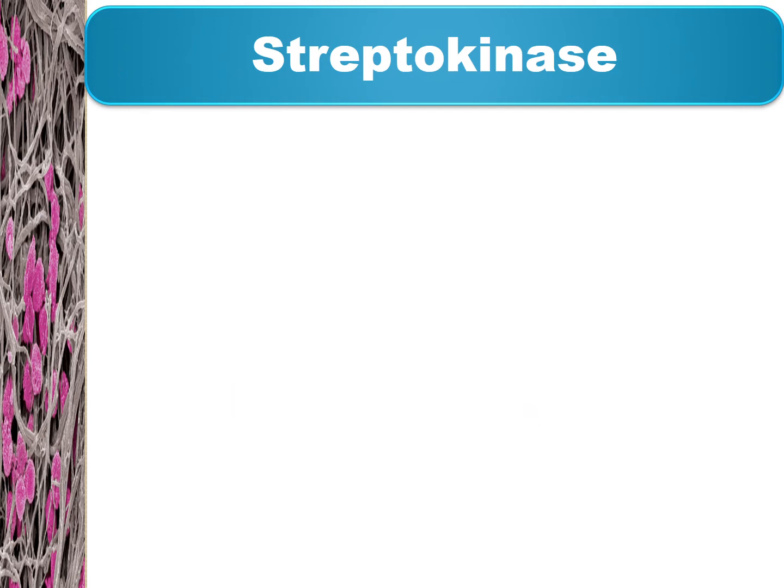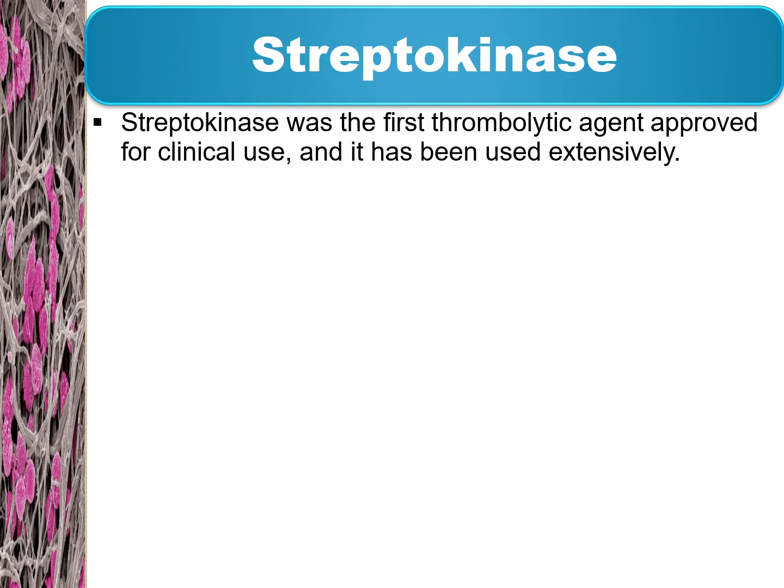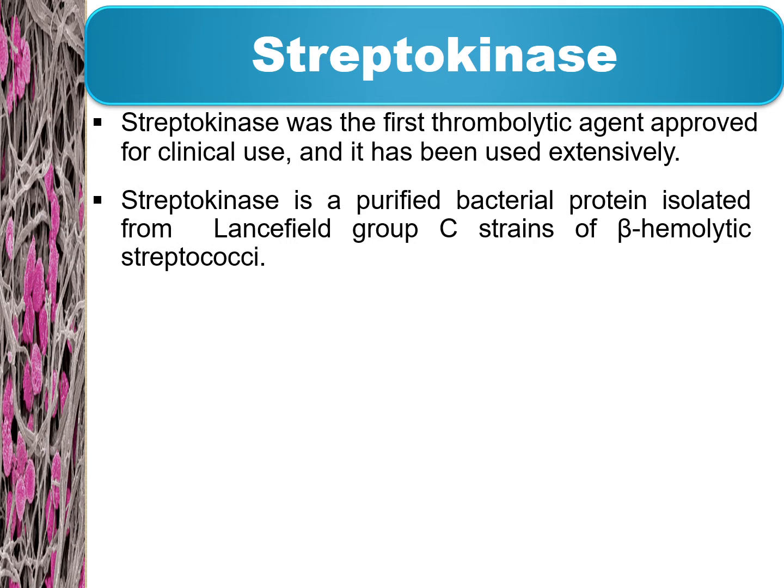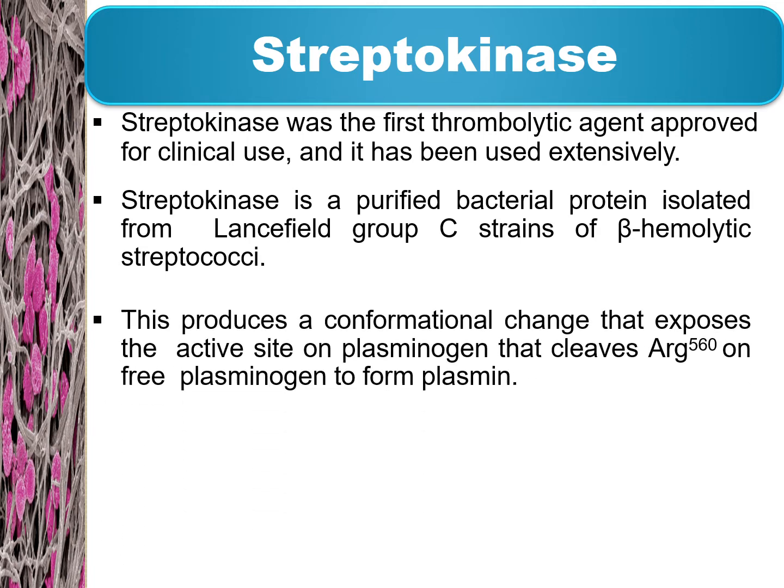Then let us discuss the drugs one by one. The first drug is streptokinase. Streptokinase was the first thrombolytic agent approved for clinical use and it has been used extensively. Streptokinase is a purified bacterial protein isolated from Lancefield group C strain of beta hemolytic streptococci.